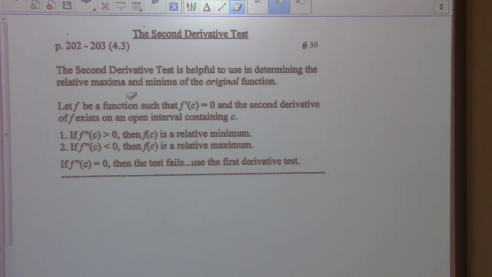Basically, if you have a critical number where f prime of c equals 0, and the second derivative exists, then if f double prime is greater than 0, f of c is a relative minimum. Does that make sense? Because if f double prime is greater than 0, is that concave up or concave down?